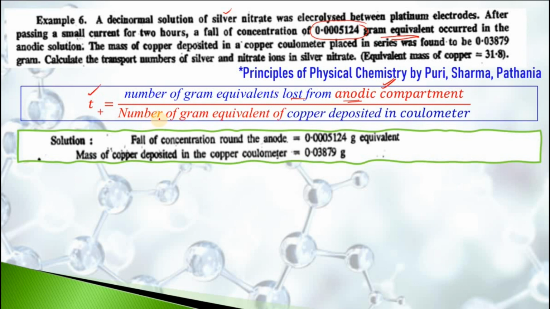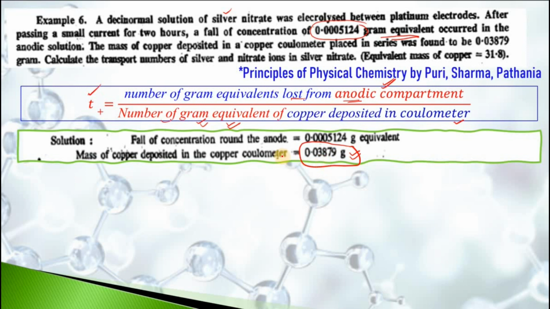Next thing we need is the number of gram equivalents of copper deposited in the coulometer. If you look carefully, we have been given the mass of copper deposited in the copper coulometer. This is the mass given in gram, whereas we need the number of gram equivalents of copper. So the first thing we have to do is to convert this mass of copper into gram equivalents of copper.